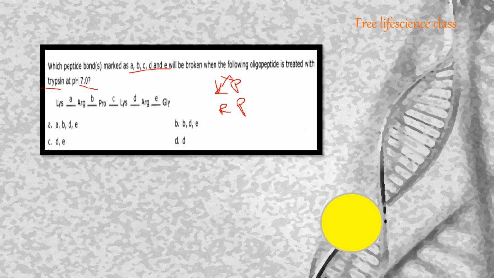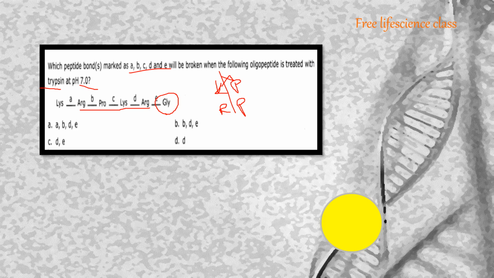There will be no cleavage here. The next thing is that trypsin is an endopeptidase, so it will not cleave at the ends. If it cleaved at the ends, you would get a free amino acid, so there will be no such cleavage. It only cleaves inside the oligopeptide.